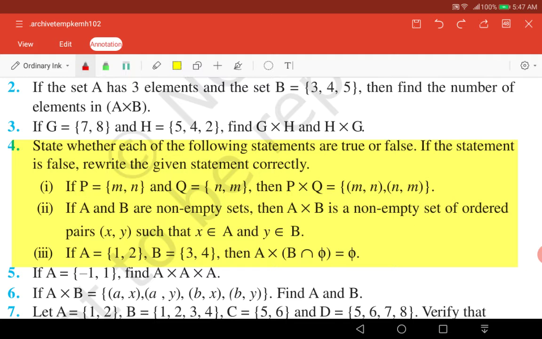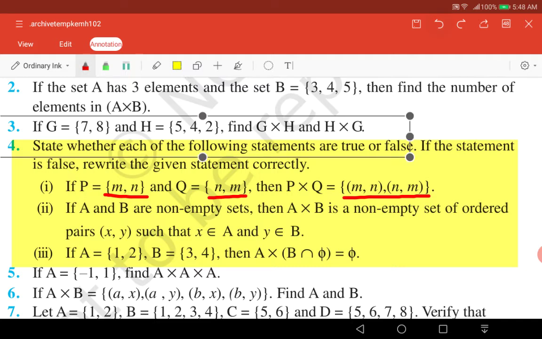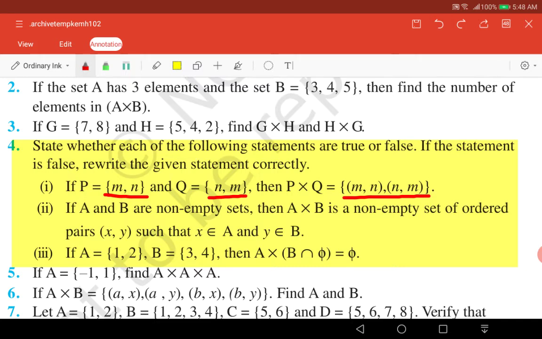So first, you are given: if P equal to m comma n, Q equal to n comma m, then P cross Q will be m comma n and n comma n. So this is a false statement. This is not a true statement. Why so? Why is this statement false? Let me tell you.